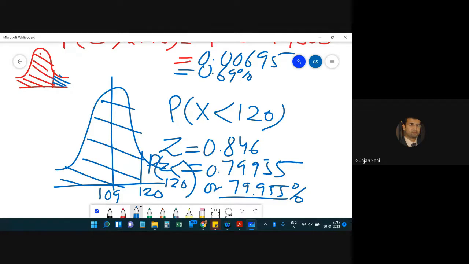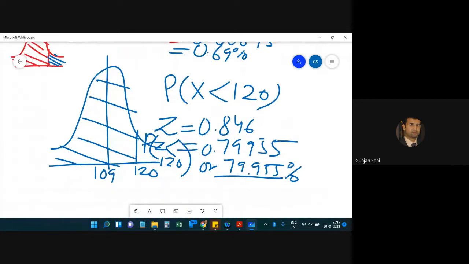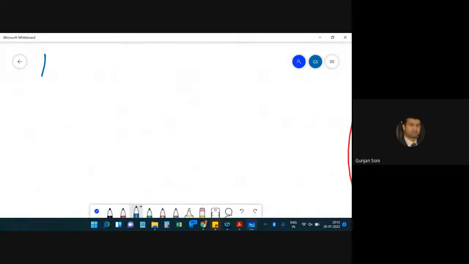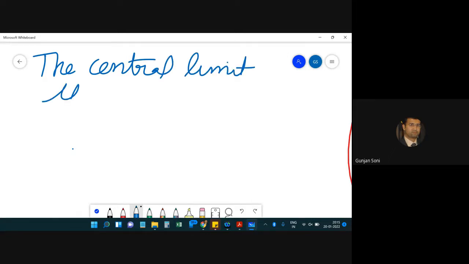Okay, now we come to a very important part which is called the central limit theorem. The word is normal, which basically means that all across the world, the natural things or the things which are happening follow a normal distribution.